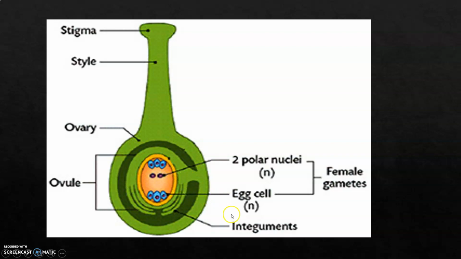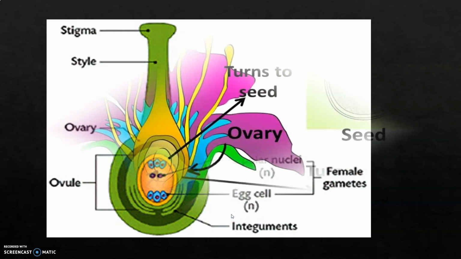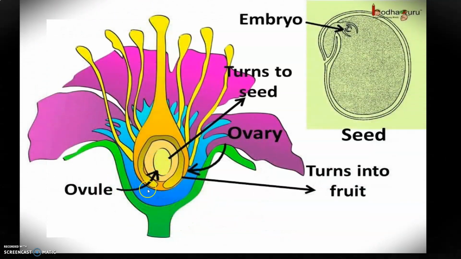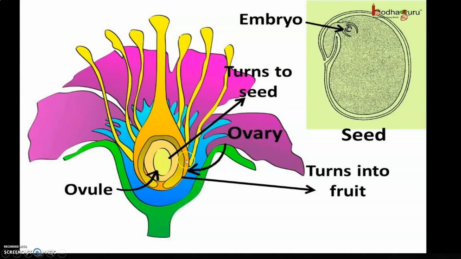Let's move on to the post-fertilization changes that I was talking about. So this ovule will turn into the seed. The ovary will turn into the fruit, and the seed will contain the embryo, which is actually the fertilized zygote.